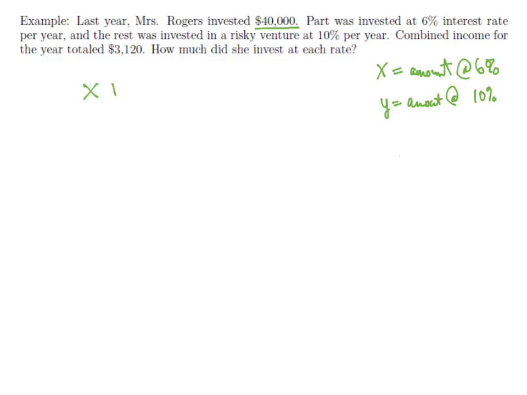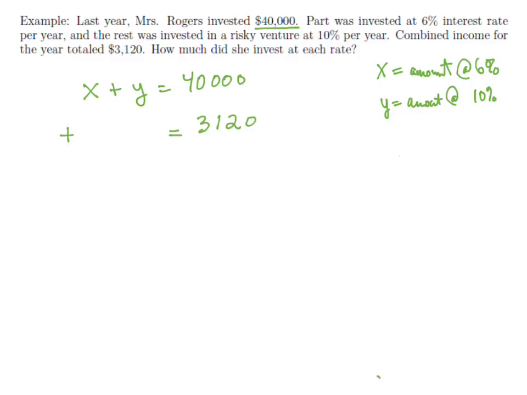So one equation we're going to have is x plus y is equal to $40,000. And then it says combined income for the year totaled $3,120.